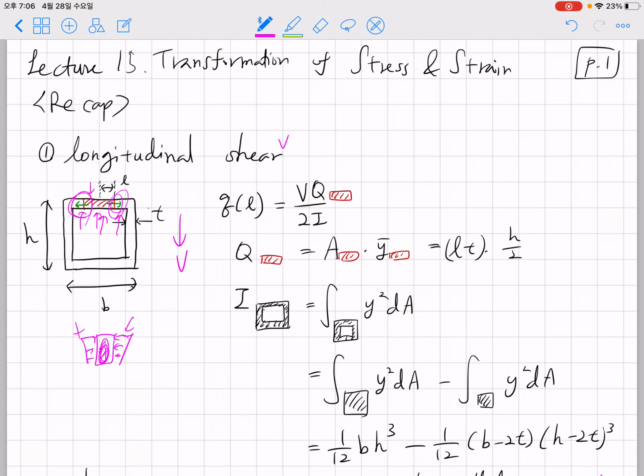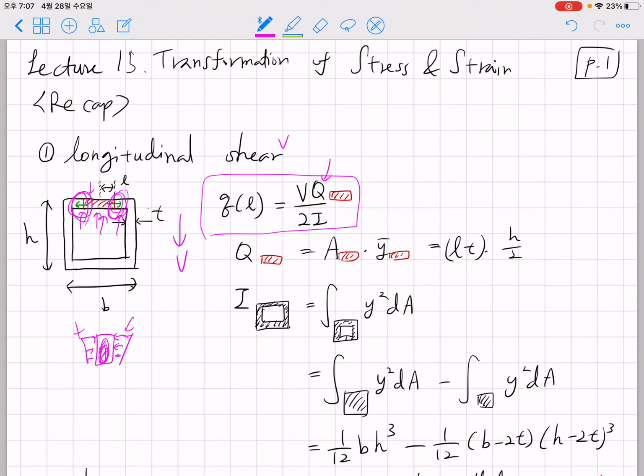So how can we obtain that? We can use the formula we developed. However, for this case, because we have two identical surfaces where we have the same q, instead of VQ over I, we use VQ over 2I.